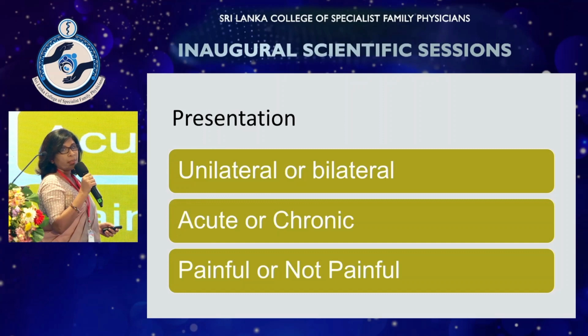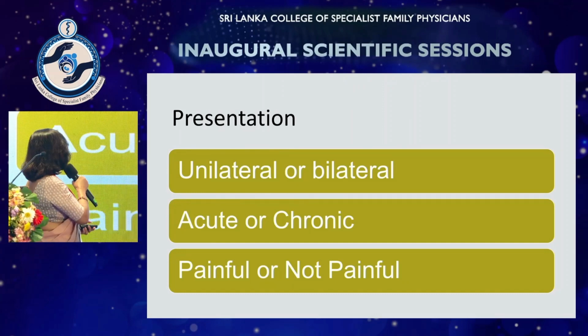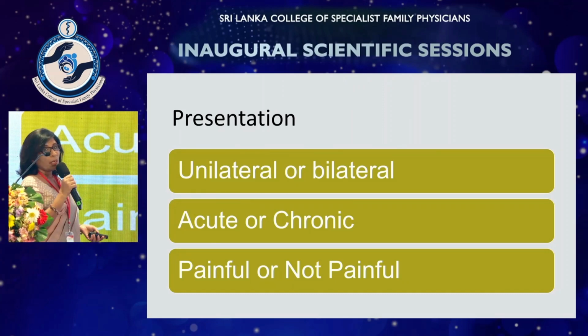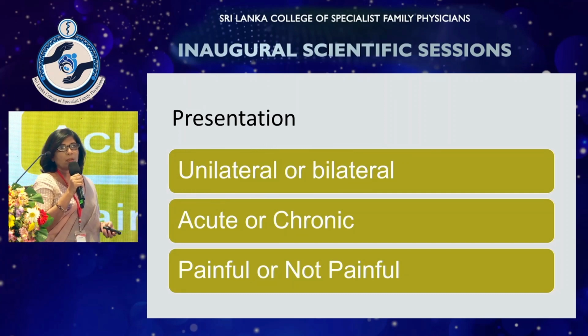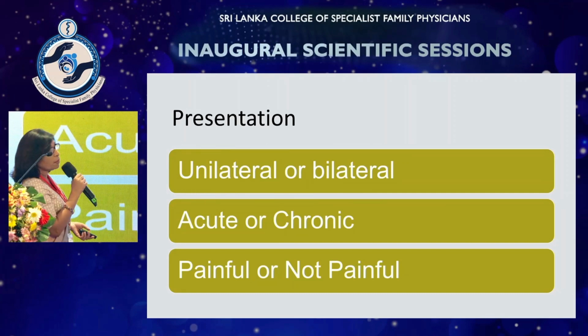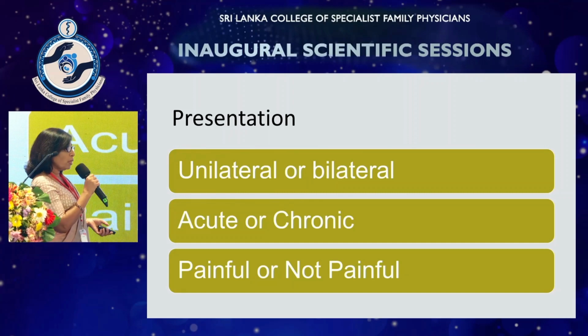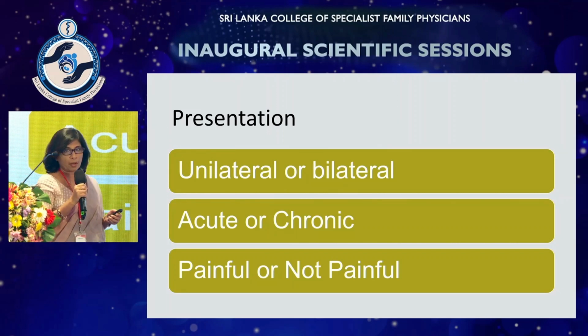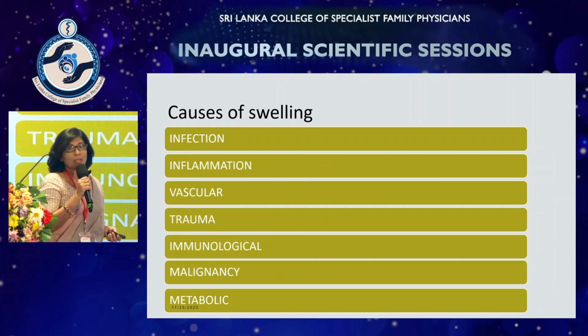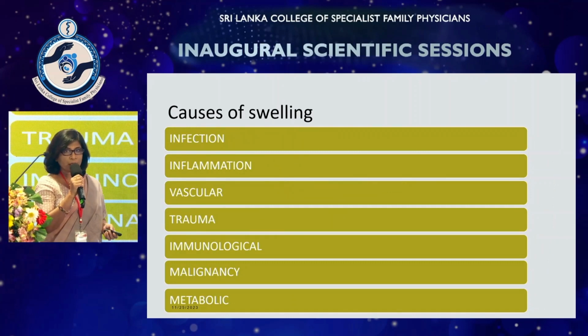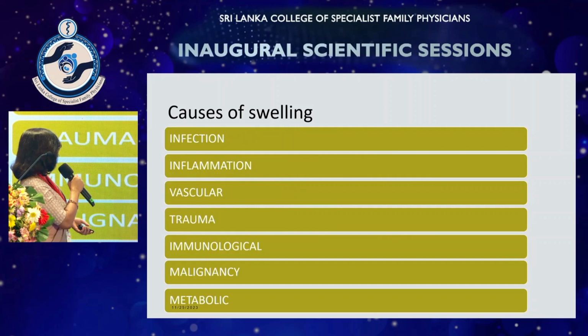The presentation is different. The patient could come with unilateral or bilateral swelling, in one leg or both lower limbs. Or else it comes as acute or chronic, maybe a very short duration or a very long duration. Or else it can come as painful or not painful. Because I've told you, the etiology is multifactorial. There are several etiologies.